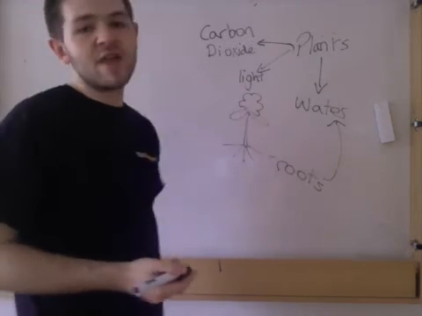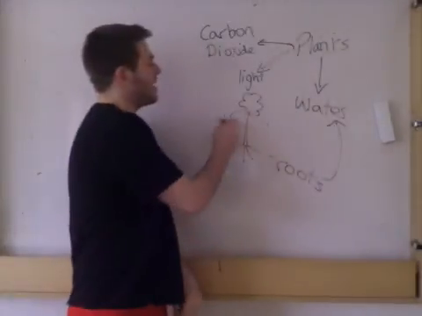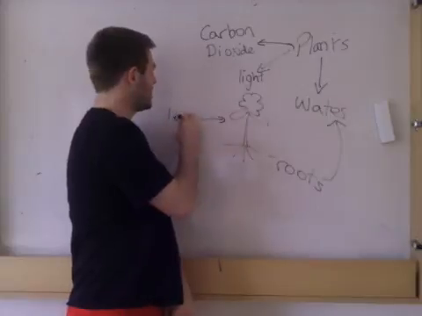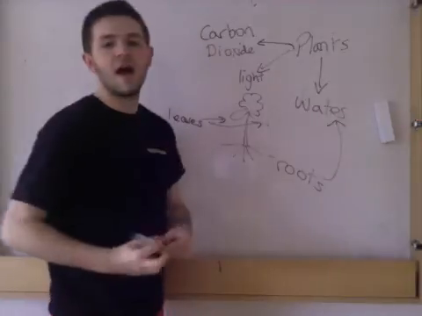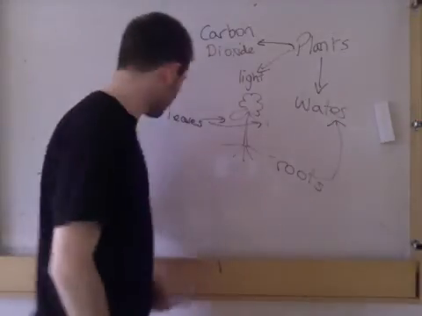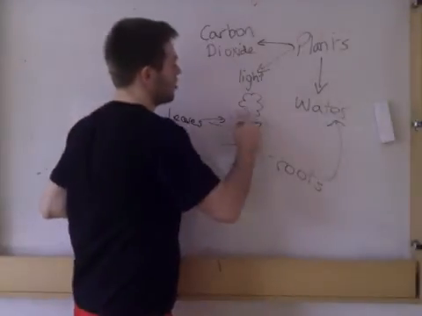Those three things are the things absolutely vital for plants to survive. Very, very true. And of course, you'll find that here we have the leaves of the tree. And they are often going to be in that gorgeous, gorgeous green colour.